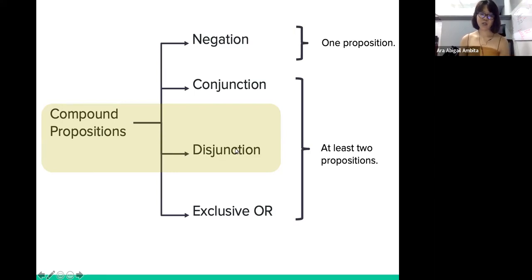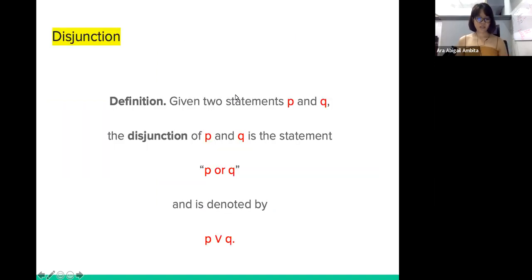So in disjunction, we are using the logical connective or, and we are also forming a new proposition from at least two propositions, similar to conjunction. Anyway, let us move on. So what is disjunction?